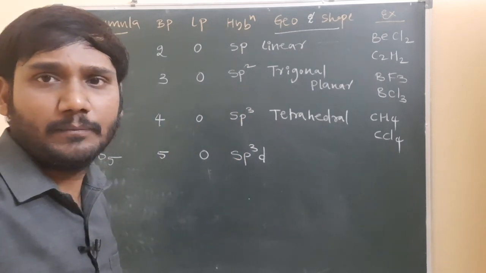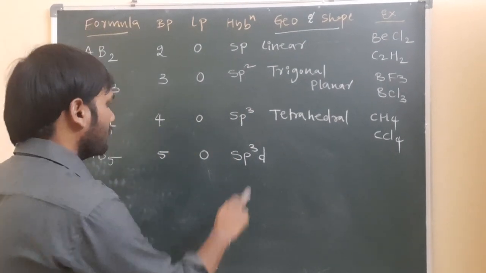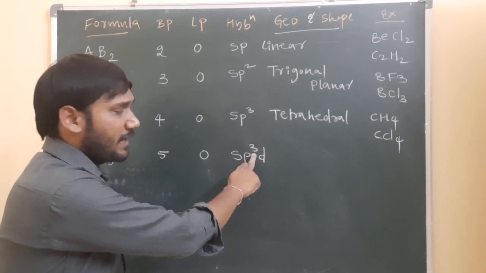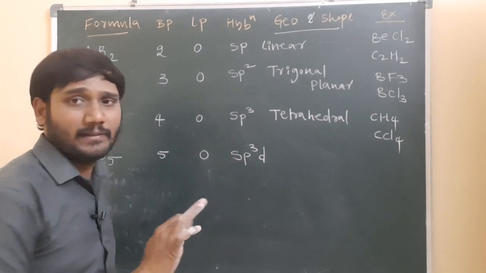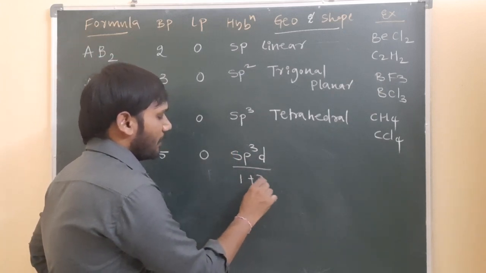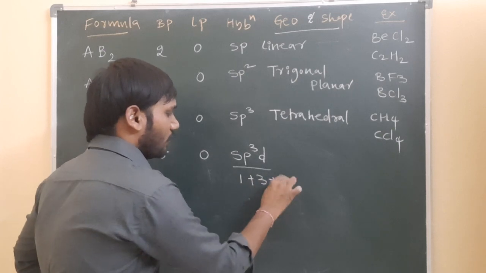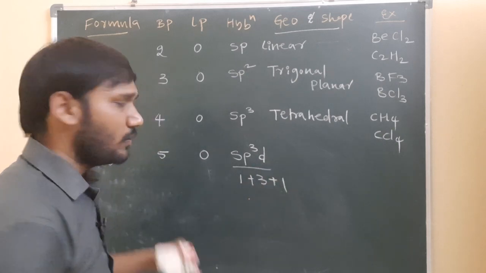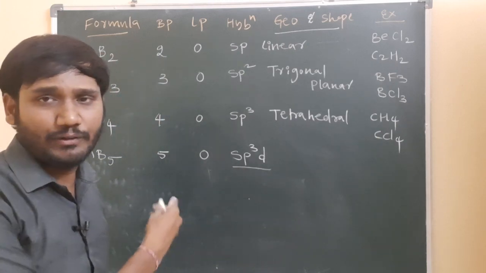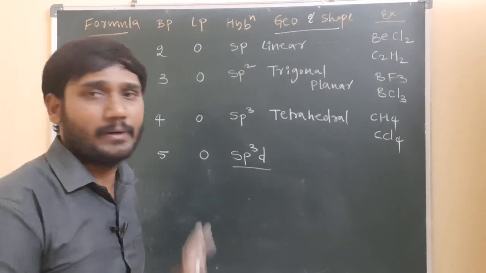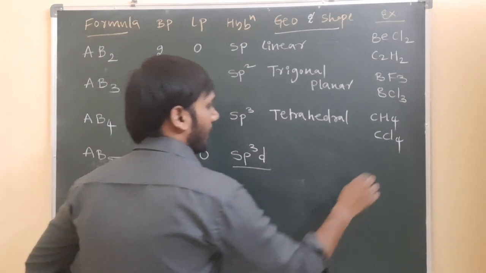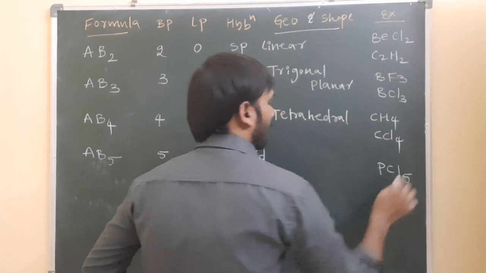One more makes 5, so 1 d orbital: s orbital 1, p orbitals 3 and d orbital 1, total 5 orbitals. So 5 bond pairs means the hybridization is sp3d. There is no confusion: the number of bond pairs is equal to the number of orbitals. For example, I am taking PCl5, because 5 bond pairs are present.